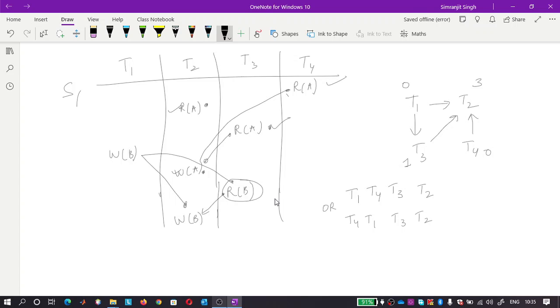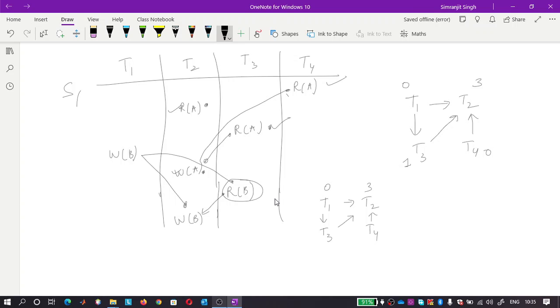So actually, how to solve it again? There is more to it than you can see. Let me give you a little bit more here. Start with T1, T2, T3, and T4. I'm just writing the arrows here.